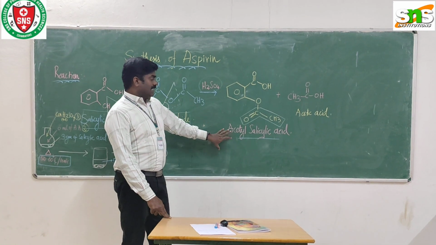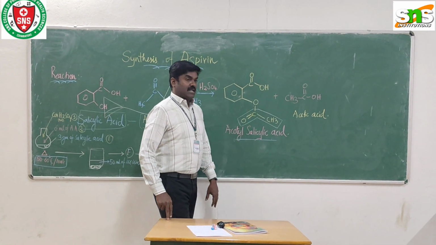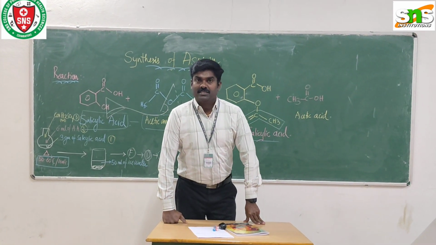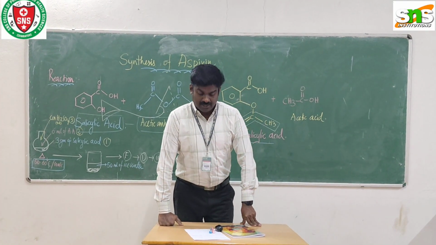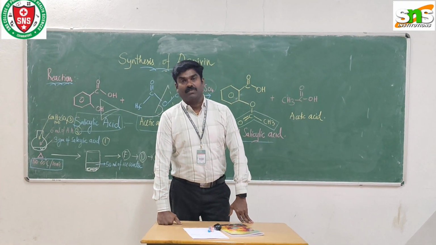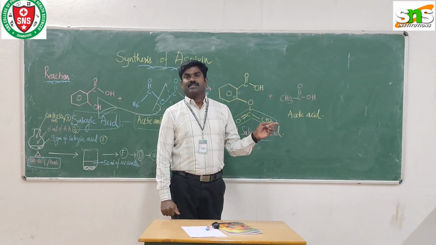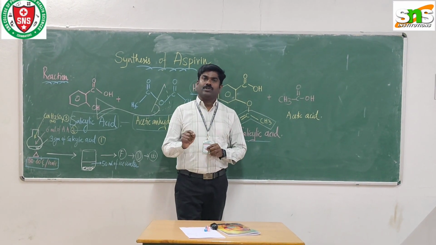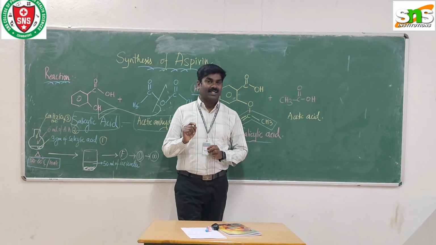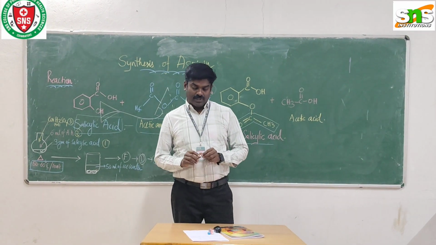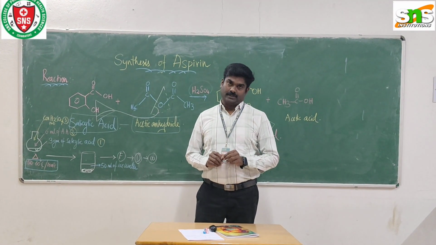We can confirm acetylsalicylic acid with the help of the ferric chloride test. When acetylsalicylic acid is allowed to react with ferric chloride reagent, it gives a purple or violet color. How can we perform this test?